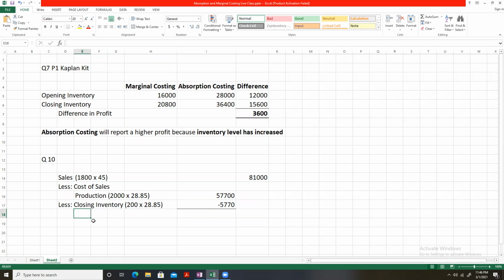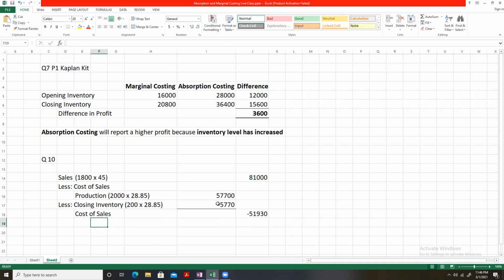So what will be the cost of sales, or cost of goods sold? It is 51,930.